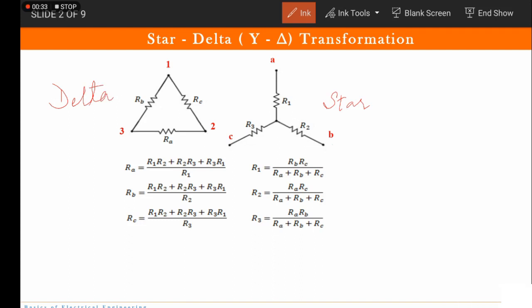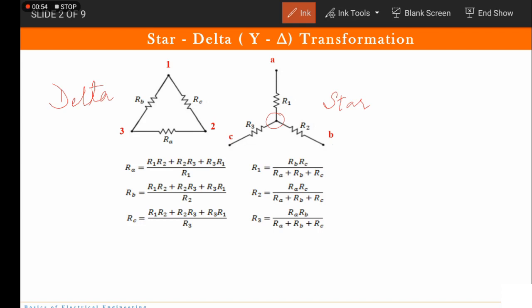So delta, not always delta looks like a triangle. Basically, it's a closed loop kind of thing. Fine. Now, if we talk about star connection, only one end of three resistors are connected together. Fine. You can see that one end is connected.